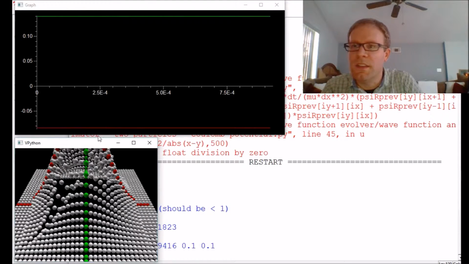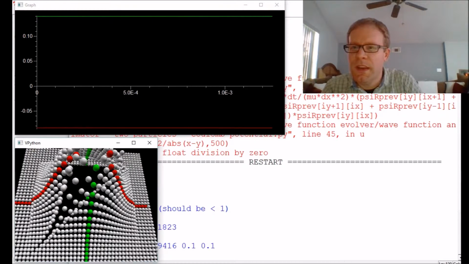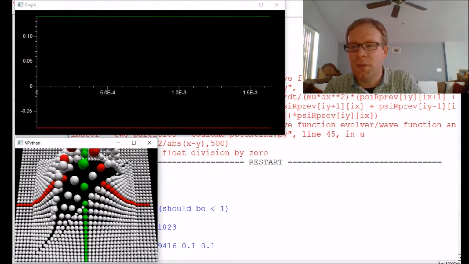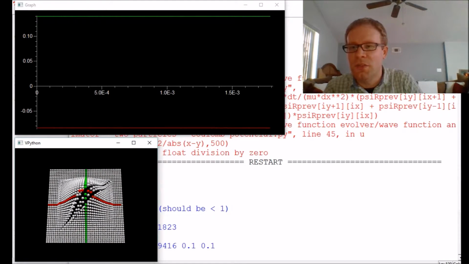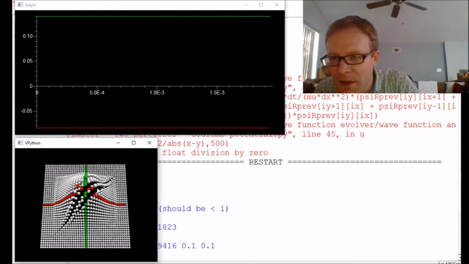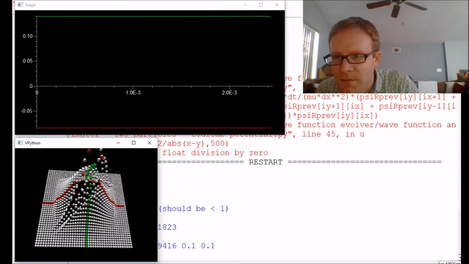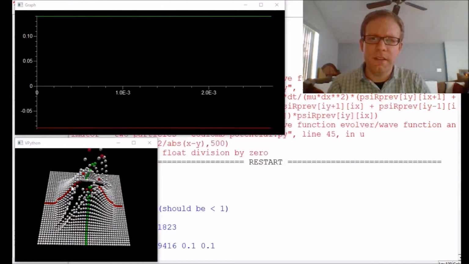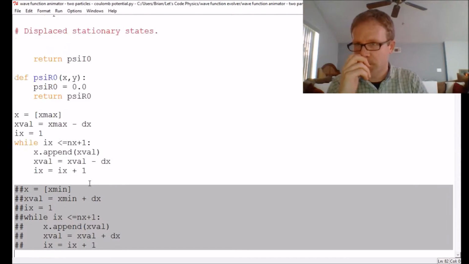Although, the fact that this is negative, should that be negative? Where's the peak located? All right, so here's our Gaussian. You can see it's kind of getting broken up along the diagonal, because that's where x is equal to y, so that's where the particles are not allowed to be near each other by the repulsion. So red, where is this peak located? Suppose the peak is located over to the left. How did I set up that initial wave function?